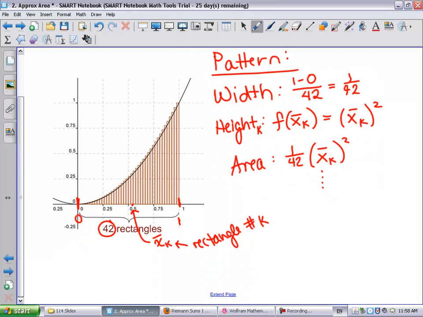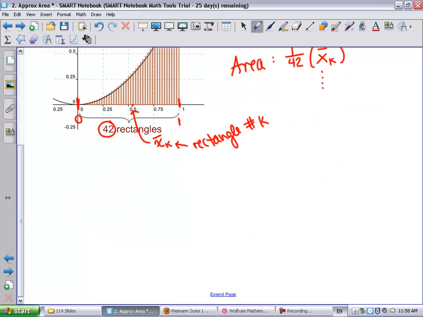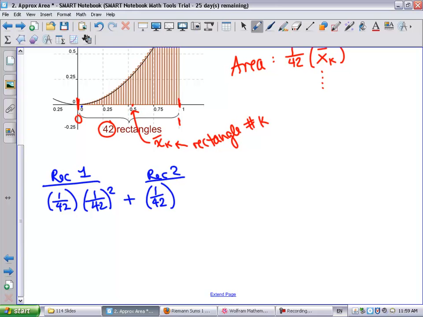To give you an idea, though, what would this be like? Well, if we were going to do it with a calculator, each rectangle would be adding up. For rectangle 1, we'd have a width of 1 over 42 and a height of, well, x bar k for the first one would actually be 1 over 42, so 1 over 42 squared, plus rectangle 2 would have 1 over 42 times 2 over 42 squared.